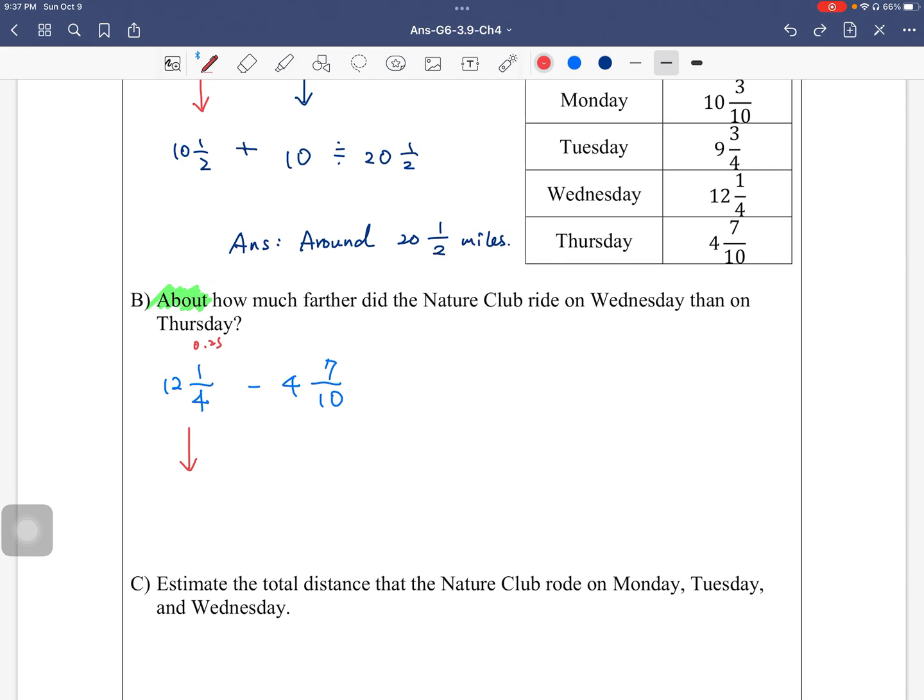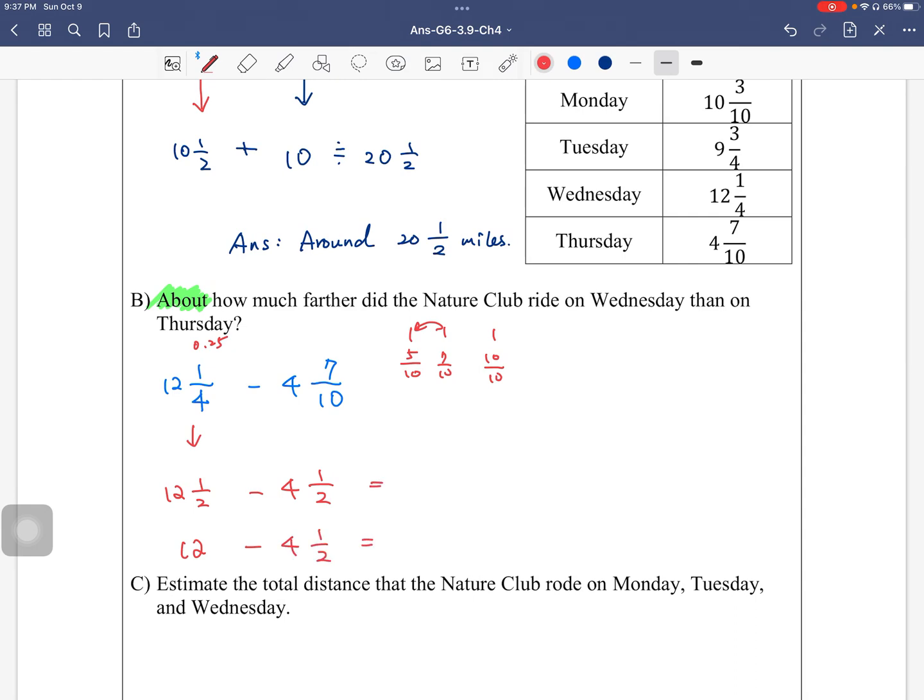Now I have two cases. My two cases will be 12 and a half, and 12, minus 4 and 7 over 10. Since 4 and 7 over 10, with half being 5 over 10 and 1 being 10 over 10, 7 over 10 is closer to 5, so this is 4 and a half.